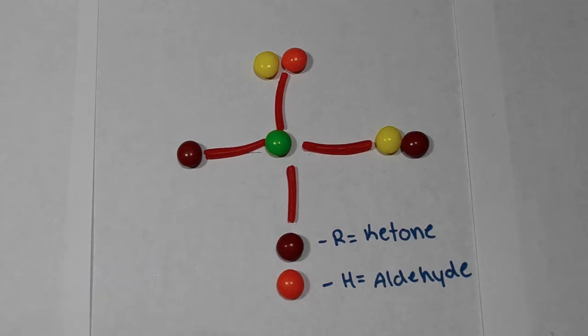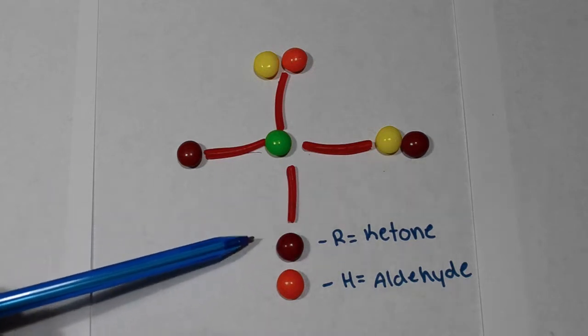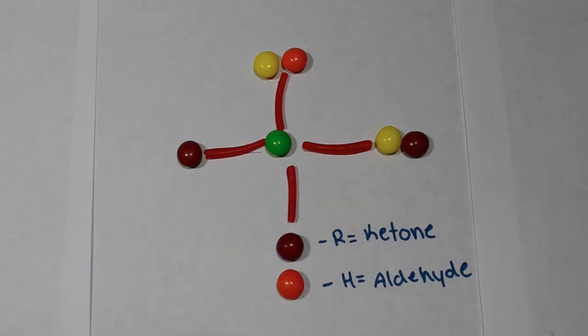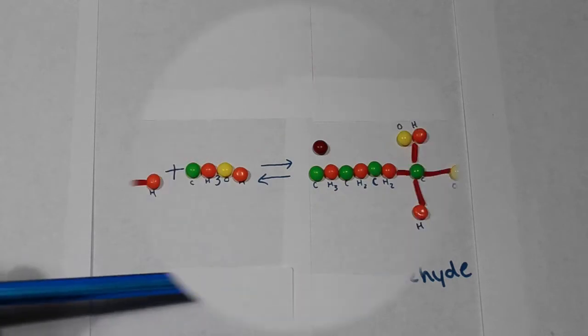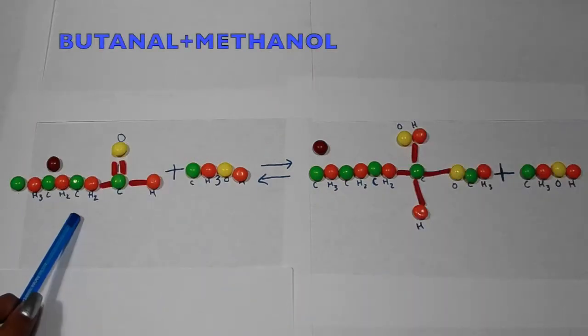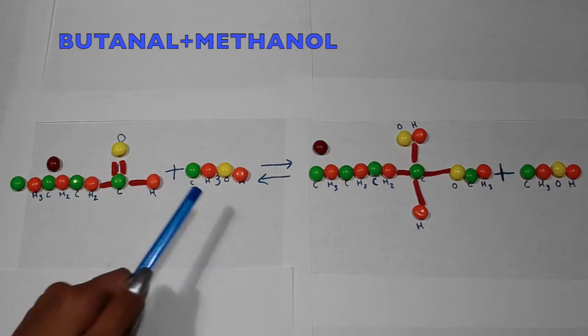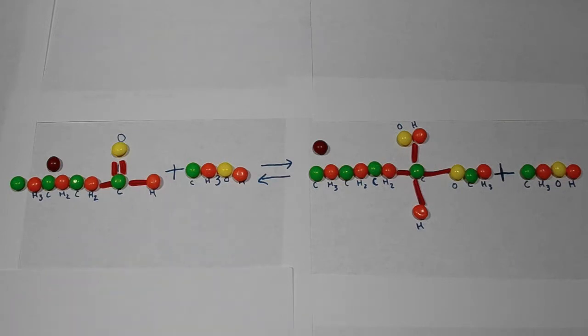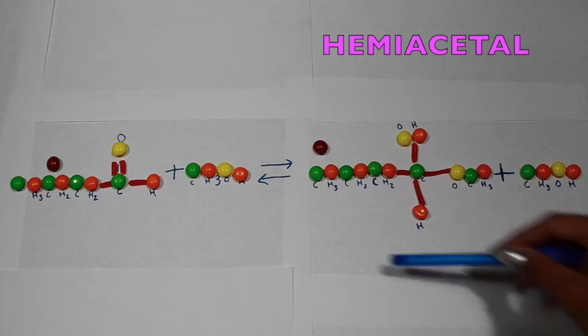If the hemiacetal is formed by a ketone, then the bottom will have a red Skittle representing the R group. And if the hemiacetal was made from an aldehyde, it will have the orange Skittle representing the hydrogen. The example being illustrated shows an aldehyde, butanol, reacting with methanol to form a product of a hemiacetal and ethanol.